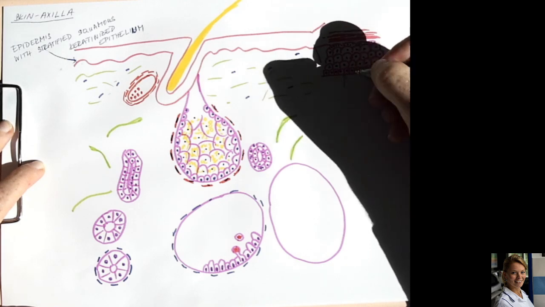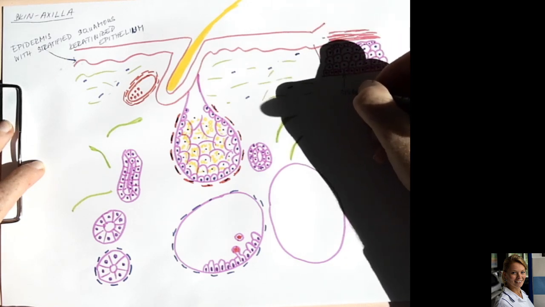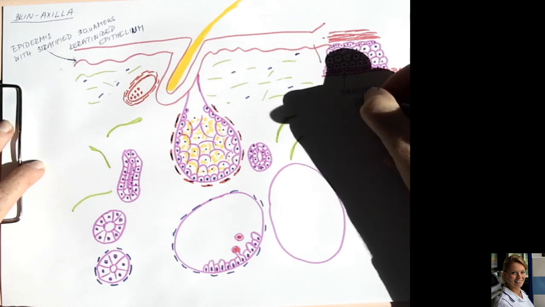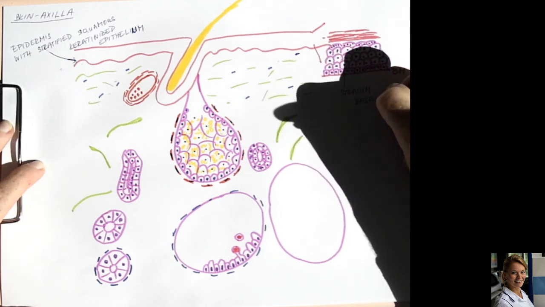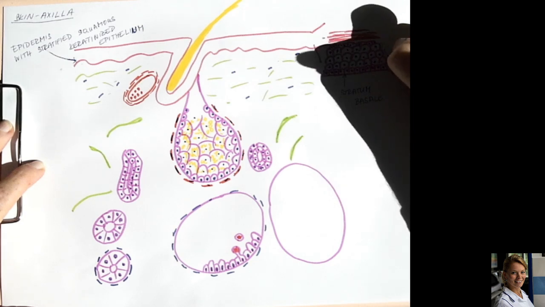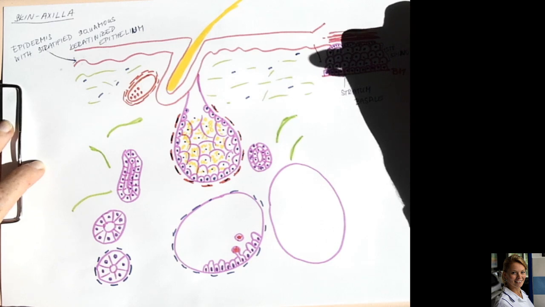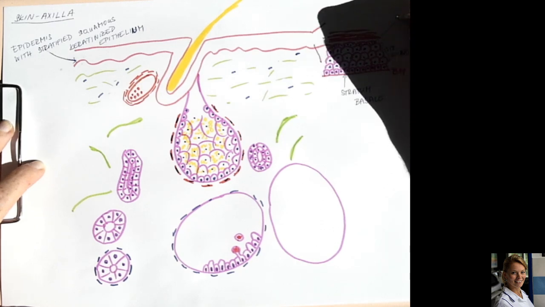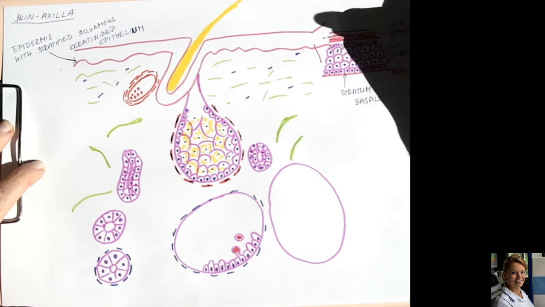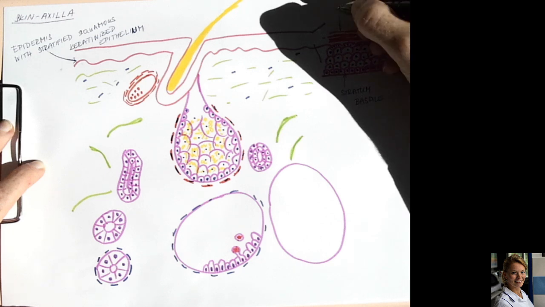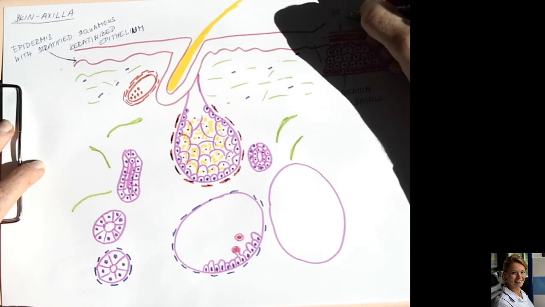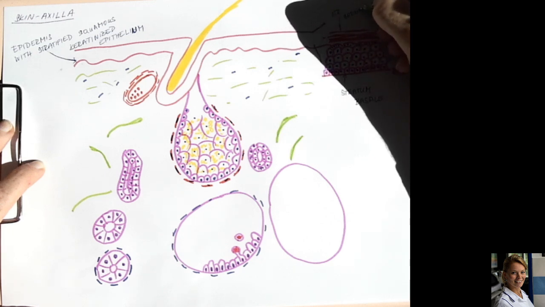The first is the stratum basale, stratum spinosum, stratum granulosum, and stratum corneum.